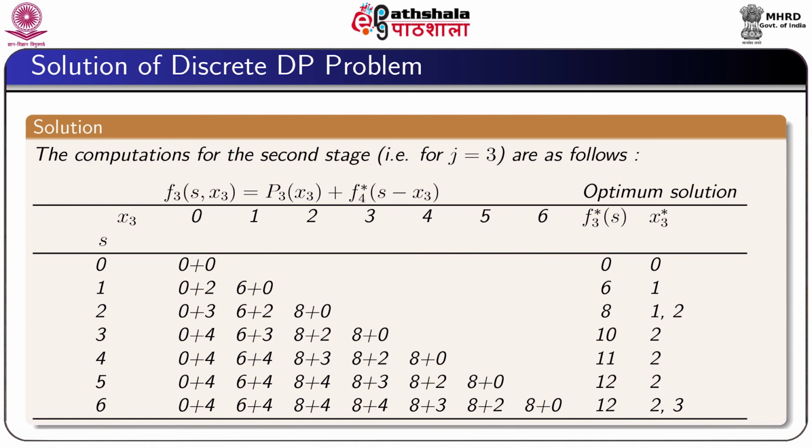For instance, in the first row the availability is 0, so x_3 can take the value 0 only, and when x_3 equals 0, we can find the value of f_3, which is equal to P_3(0) plus f_4 star(s minus 0). Similarly, we can calculate the values for s equal to 1, 2, 3, 4, 5 and 6, and the optimal value x_3 star is also given.